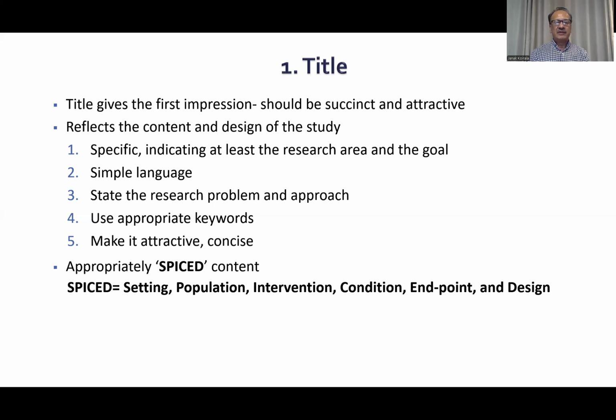State the research problem and approach, use appropriate keywords, and make it attractive and concise. There's also an acronym, SPICED, for writing a research title, which means setting, population, intervention, condition, meaning disease or physiological condition, endpoint, and design.